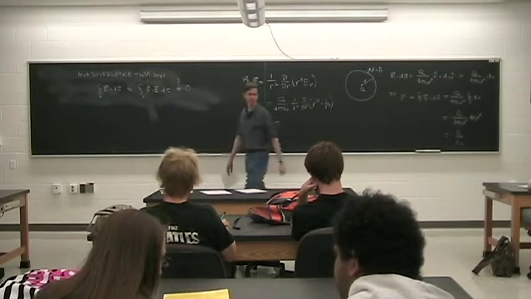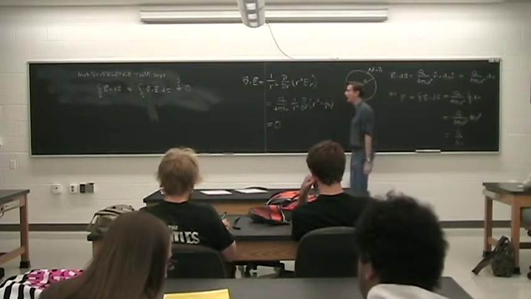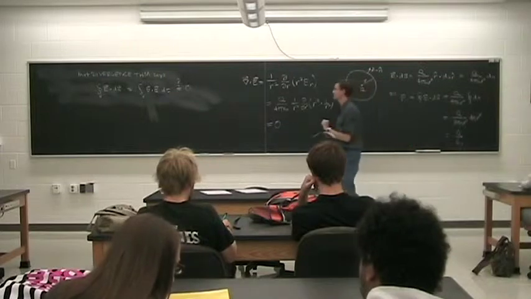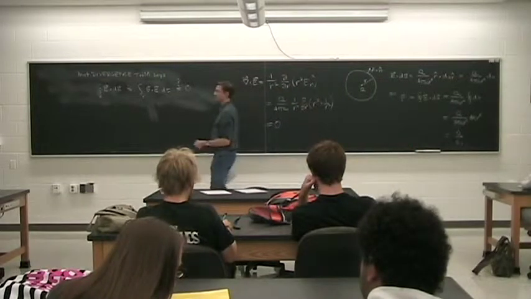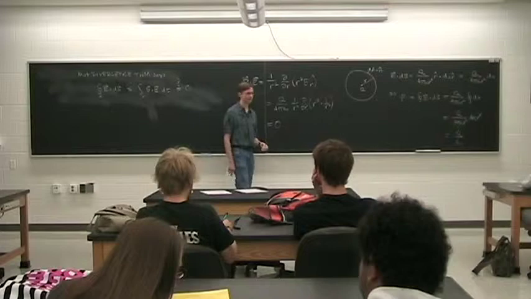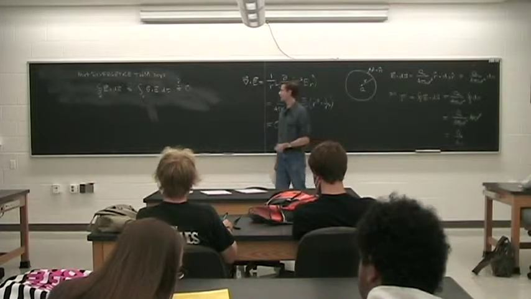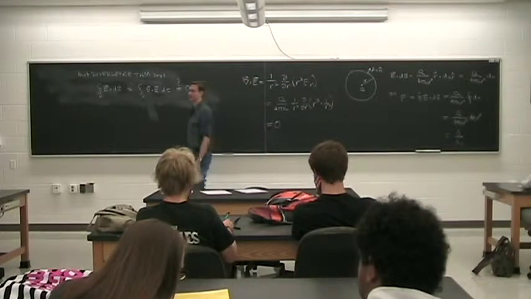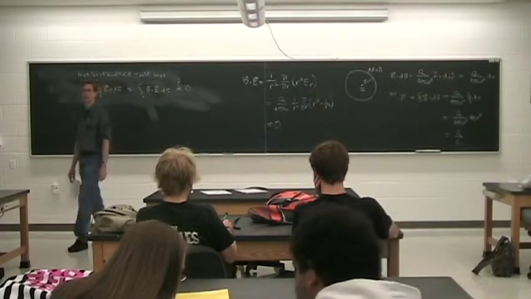But the divergence is 0 inside that surface, so the divergence theorem seems to be saying that you should get 0 flux because the divergence is 0, and yet we have a non-zero flux. So what's going on here?